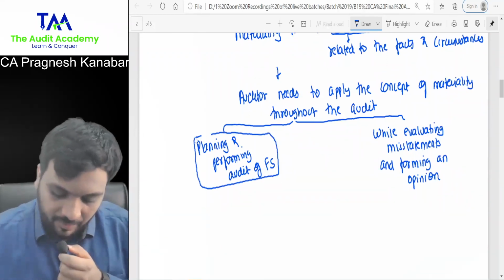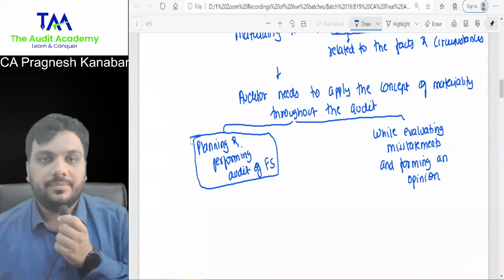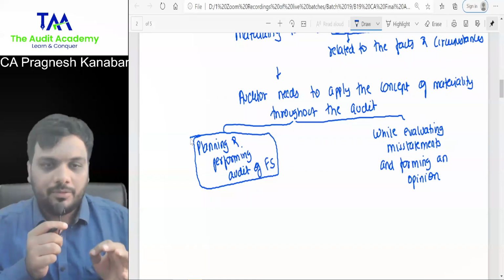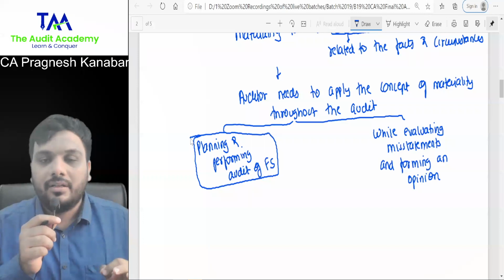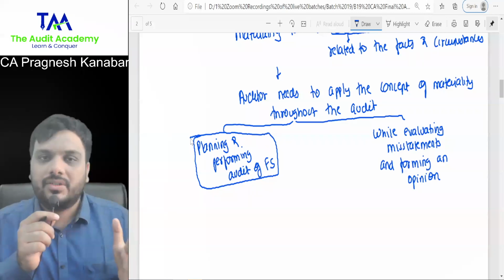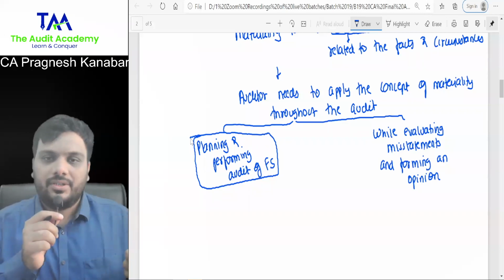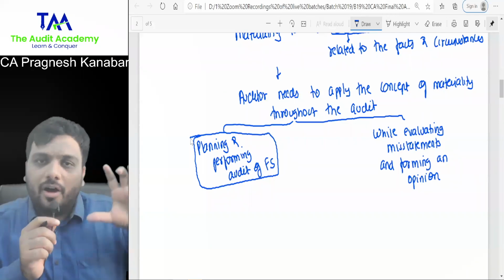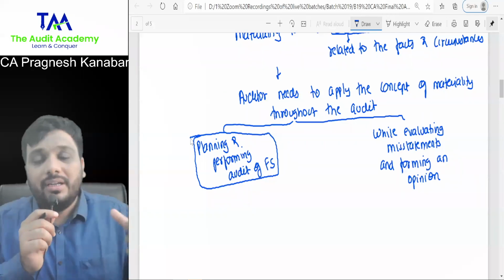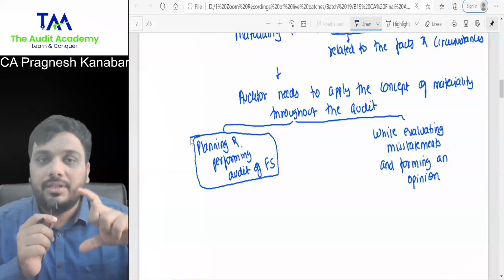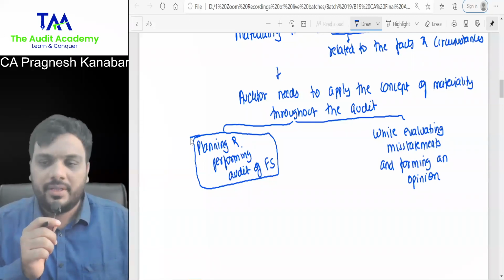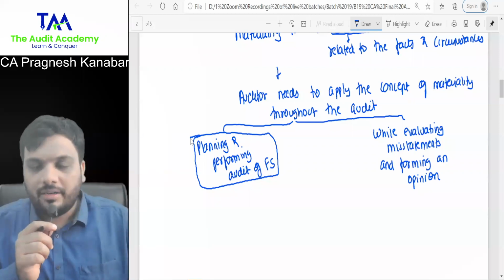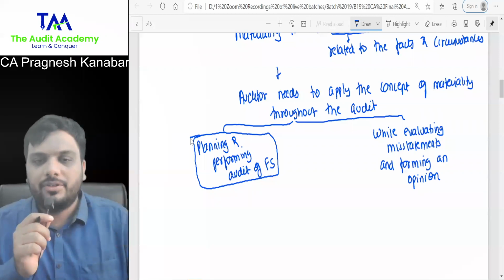Okay. So when I use the word planning and performing audit of financial statements, let me tell you, at final CA level, we will have technical discussions, numerical discussions. I will show you practically how materiality is applied in practical life. Because at inter CA level, you have done the theory part, we will do the working at final CA level. If someone is ready to share their practical life Excel sheet with me, I will show you the working also.